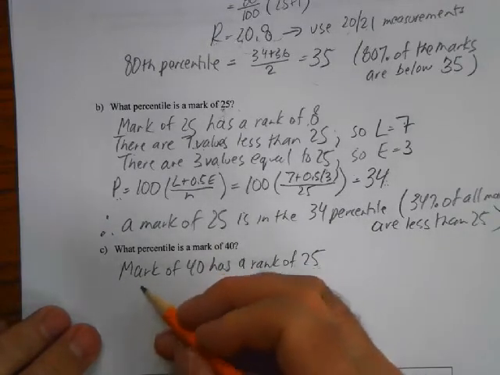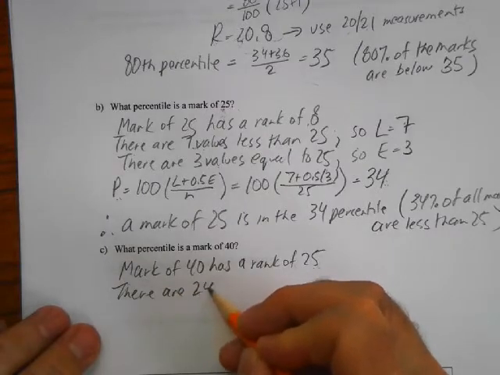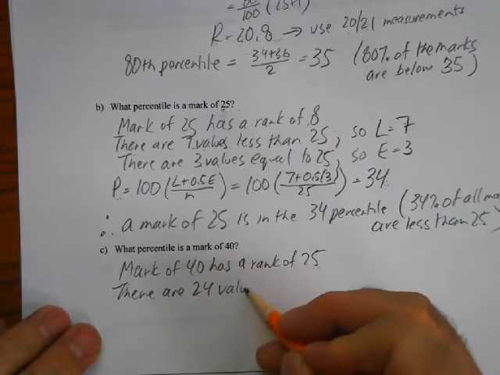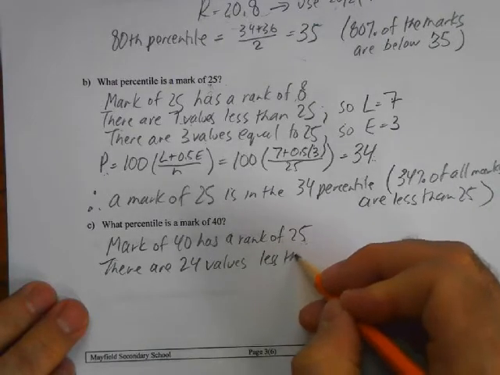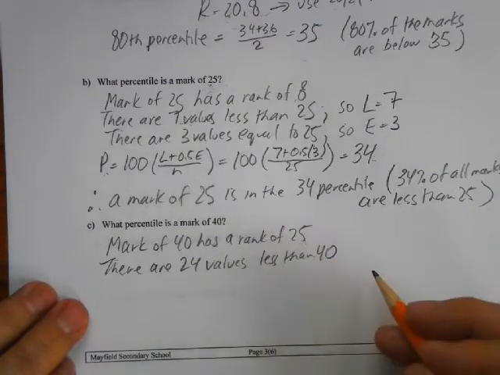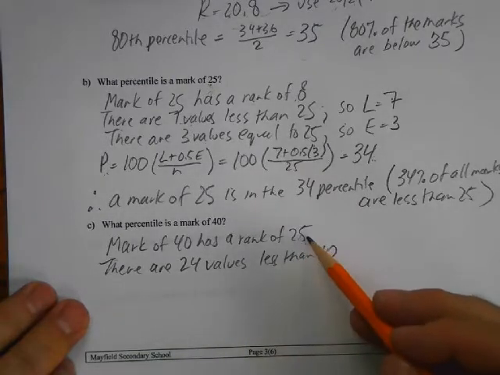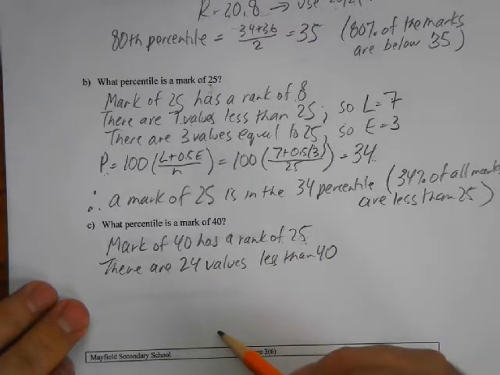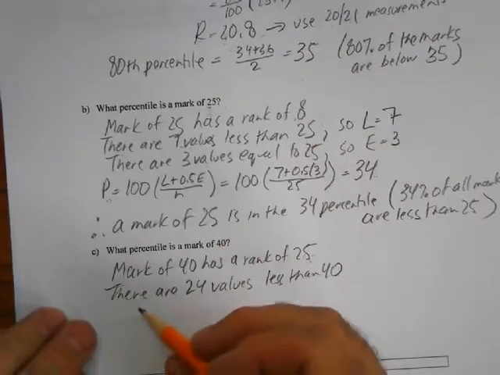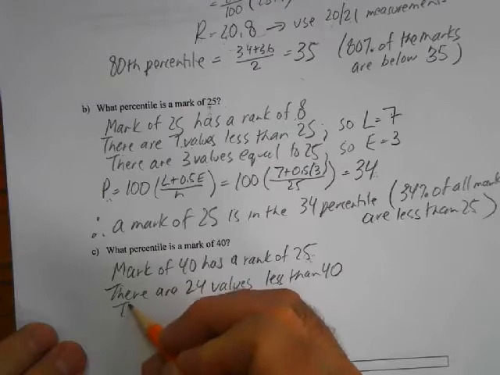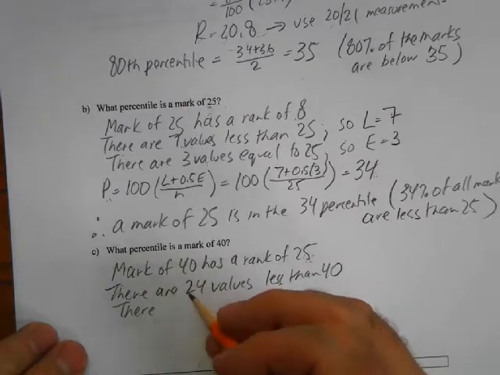Okay, so there are 24 values less than 40, right? It's always one below what the ranking was. And then in terms of duplicates, there was only one 40. I don't have to say this every time, I'm just doing it so you understand where it comes from.